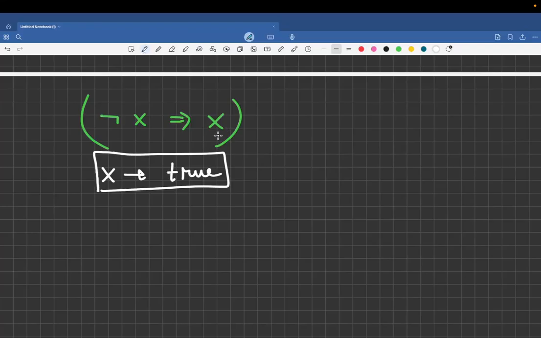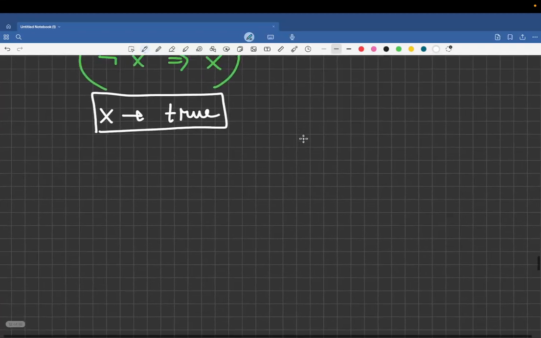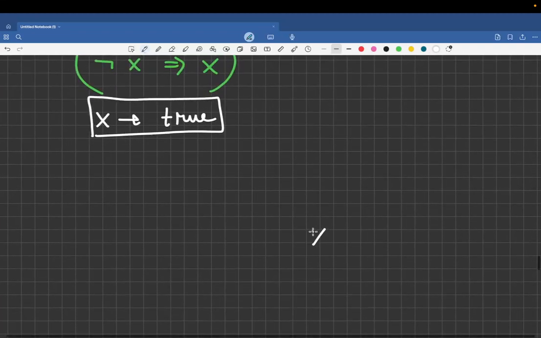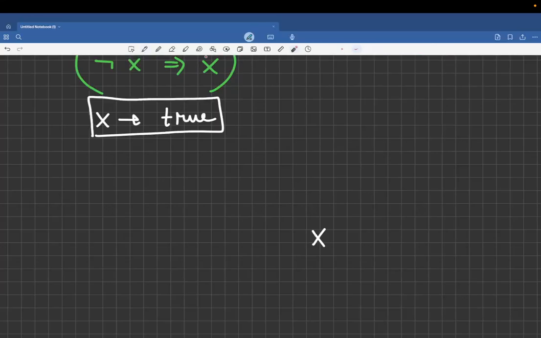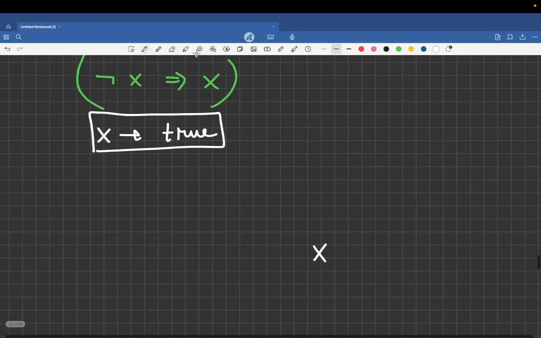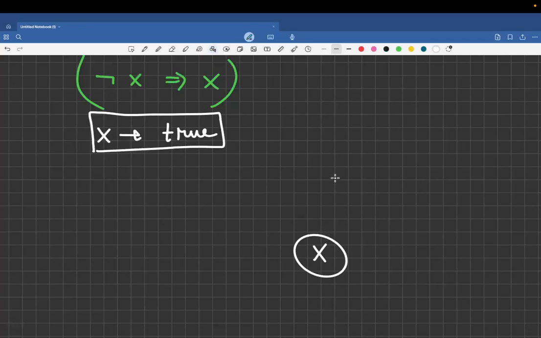Now let's suppose there exists some variable y. Let's suppose you have node x over here, and there exists some variable y such that y is also reachable from x. Let's suppose y is reachable from x and not y is also reachable from x.